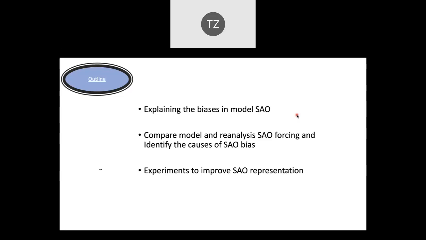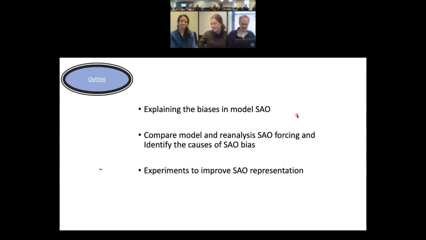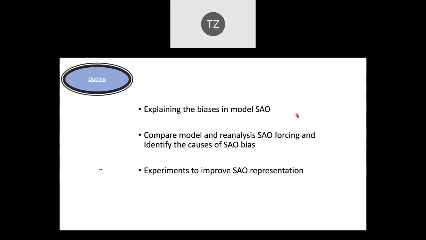Okay. All right. Thanks. Also, you mentioned all these things. I remember the WACCM model has a strong westerly bias of the QBO. This westerly bias is detrimental for your simulation of the SAO.